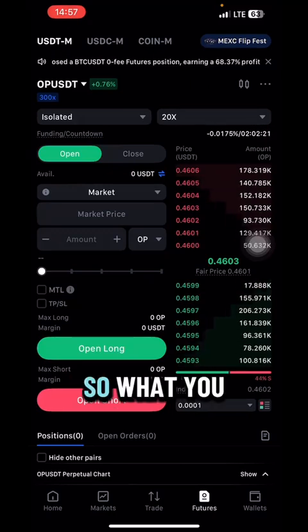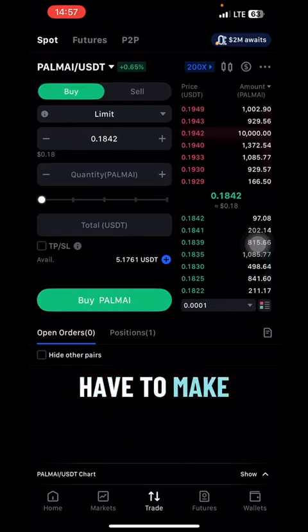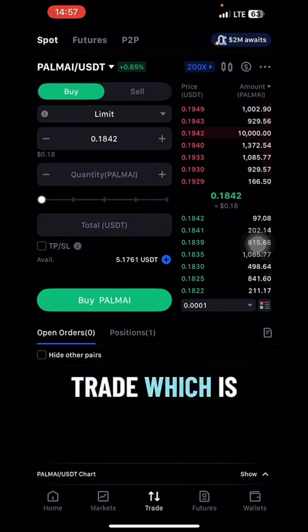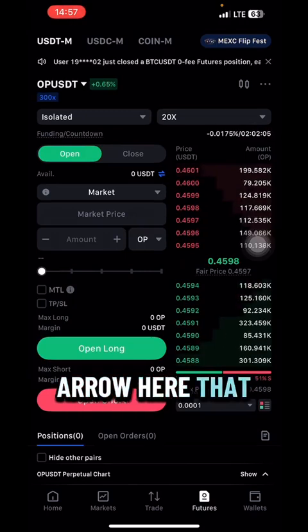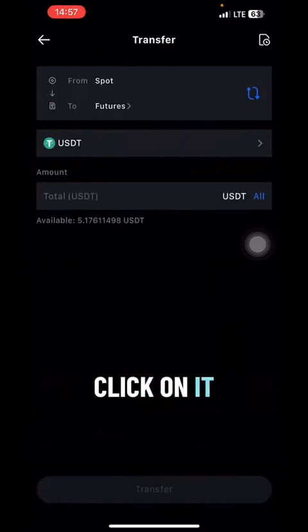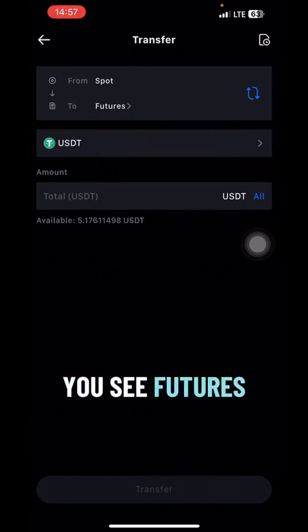What you need to do first is make sure you have money in your spot. In this instance I have $5 here, so I come to the features, and you see this arrow here that has USDT 0. Click on it, then you see spot and features.